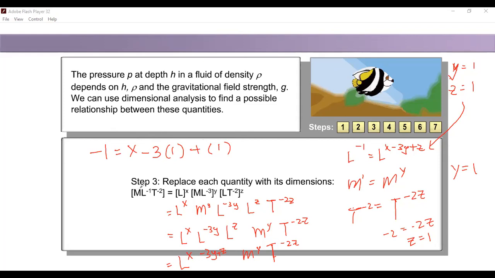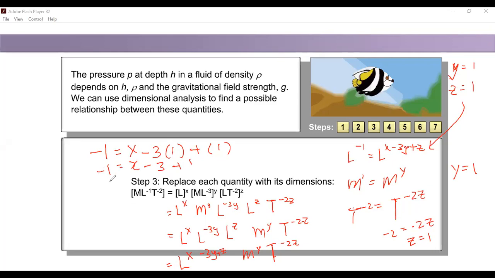X minus 3Y plus Z. Negative 2. This one, negative 1 equal to X minus 3 plus 1. So that means negative 3 plus 1 is negative 2.